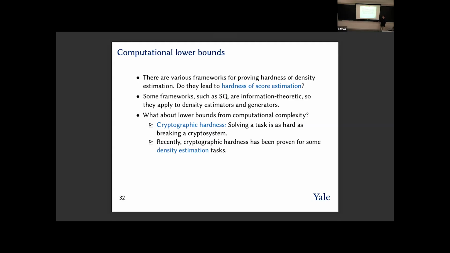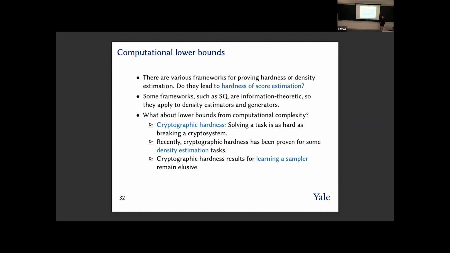And indeed, there have been some cryptographic hardness results which have been proven for density estimation tasks. But these cryptographic lower bounds actually do not apply to the problem of learning a sampler. So I think an interesting open question is to get cryptographic hardness for this learning a sampler problem.